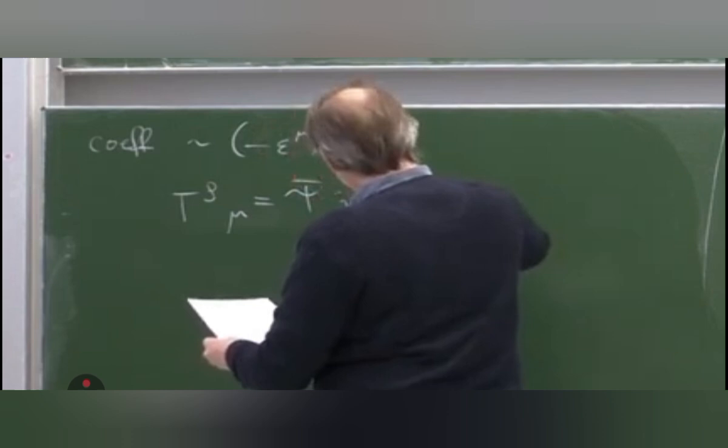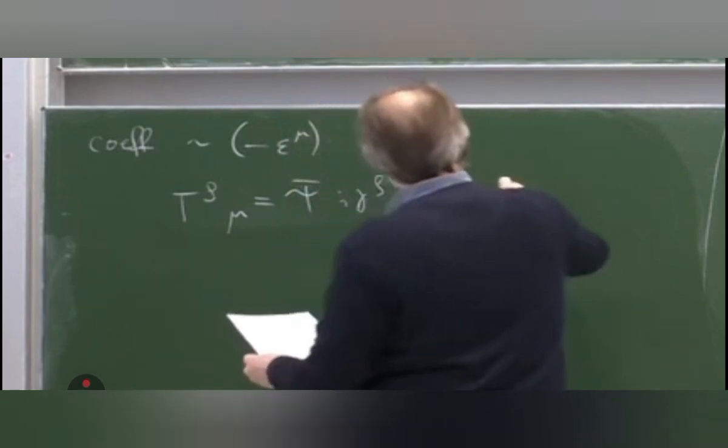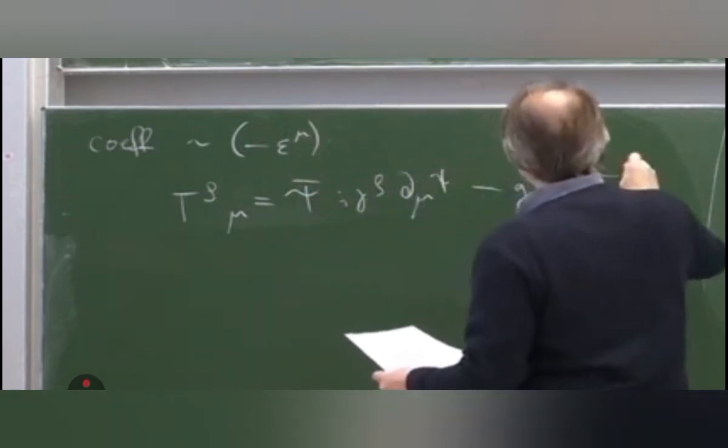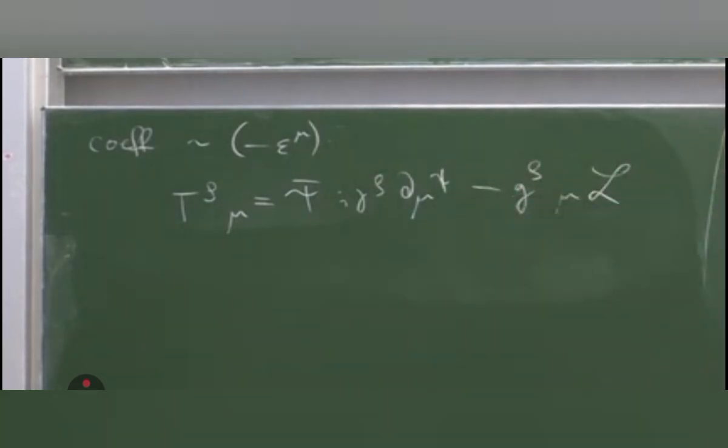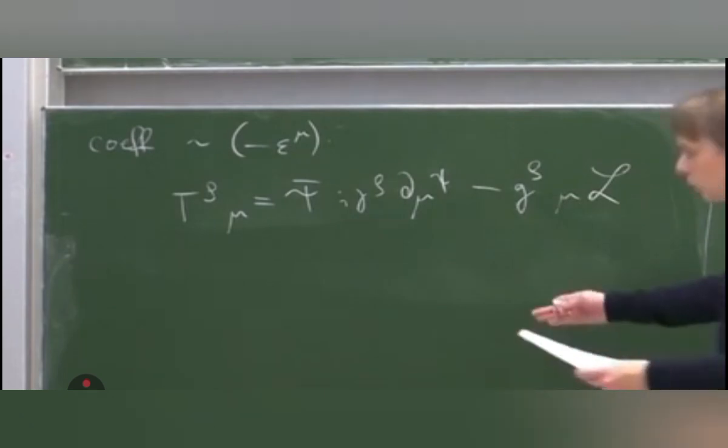Let's read off the coefficient in front of minus epsilon mu. That gives us the current for translational invariance P rho mu, and I will just copy it from here. Psi bar I gamma rho d mu psi minus G rho mu times L. That would be a definition of our energy momentum tensor, and the zero component of this integrated over x gives us the momentum operator.